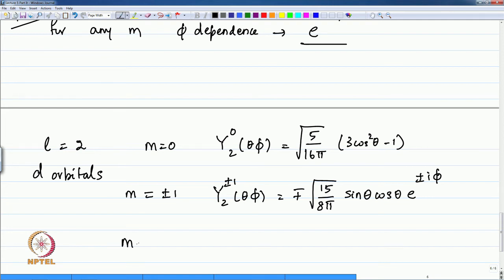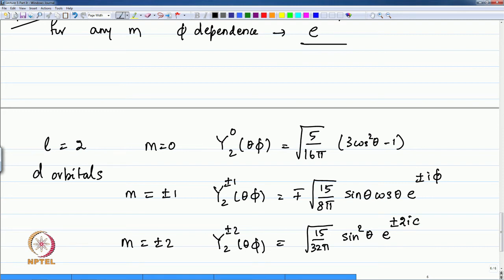And when m is plus minus 2, the spherical harmonic is Y 2 plus minus 2 theta phi, and that is given by root 15 by 32 pi sin square theta e to the plus minus 2 i phi.